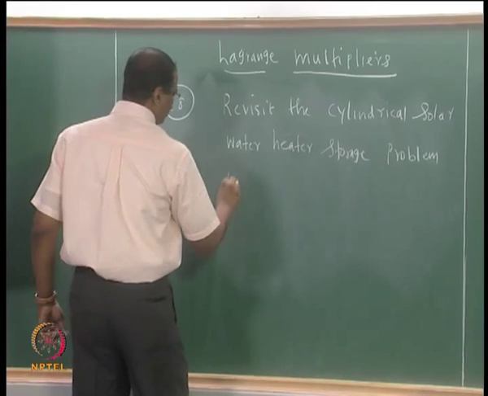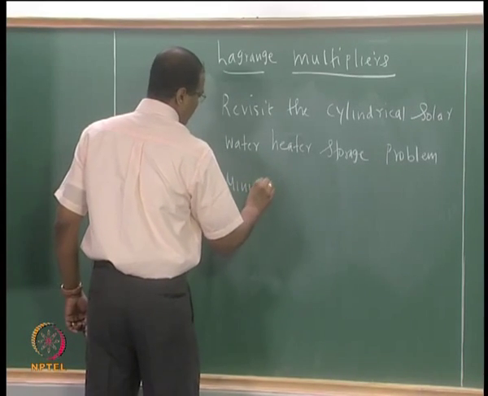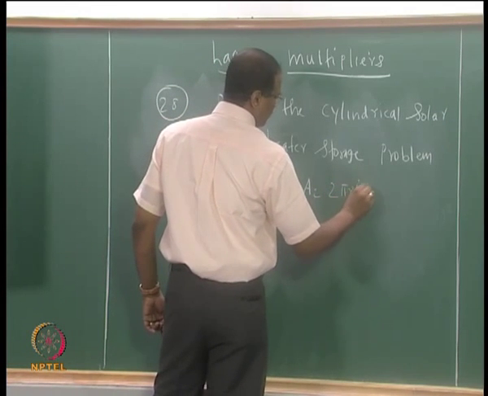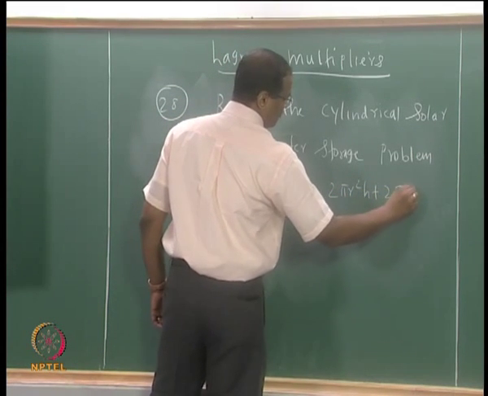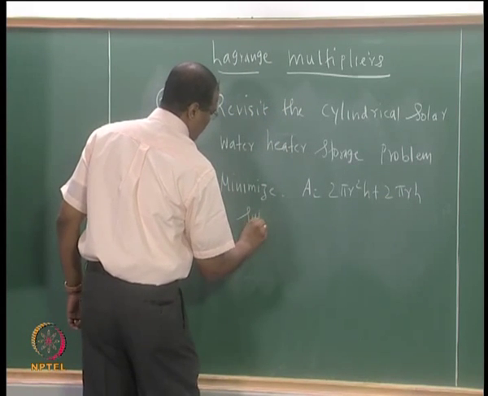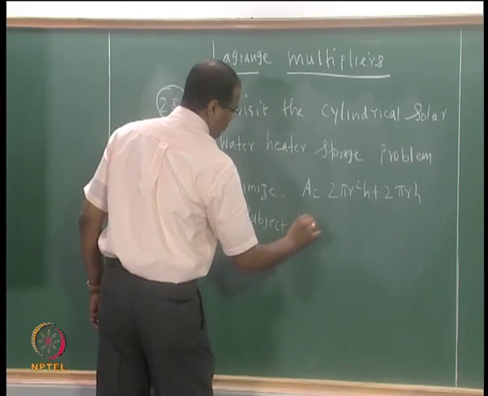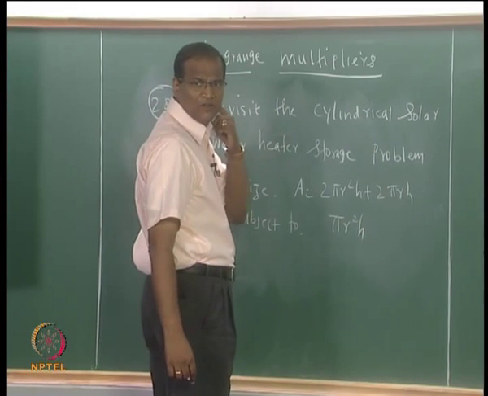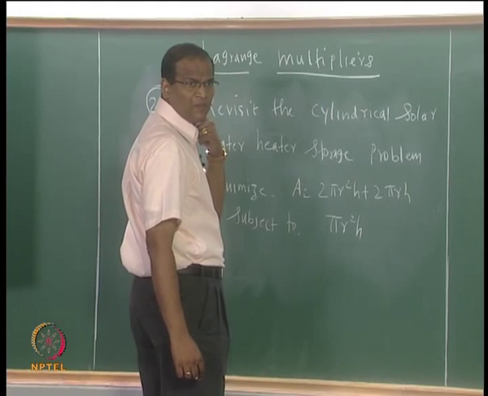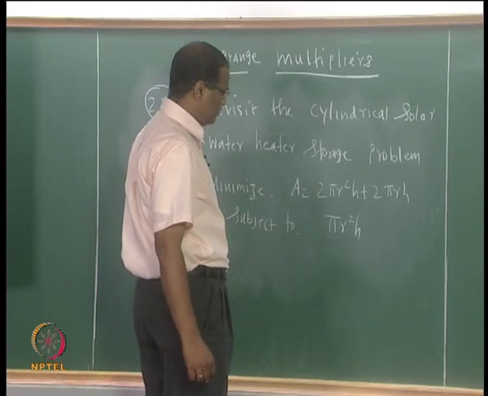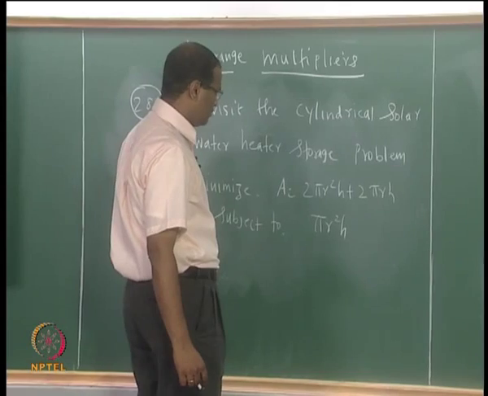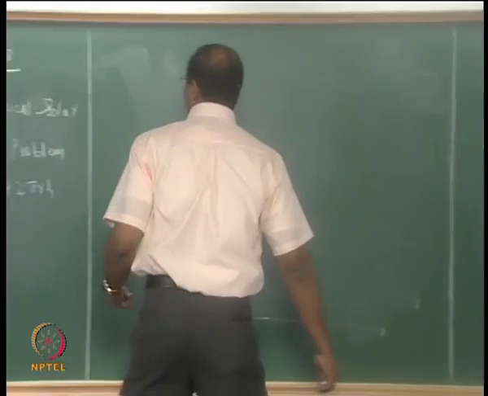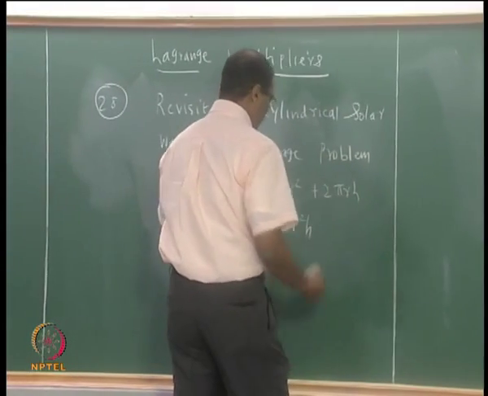Okay, minimize the area, with the constraint pi r squared H equal to 4.